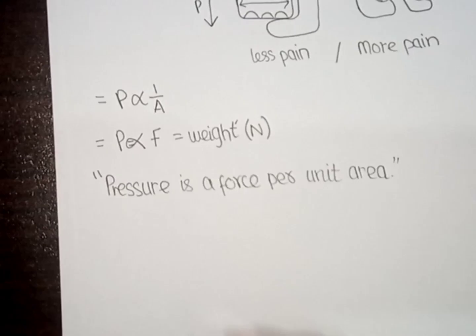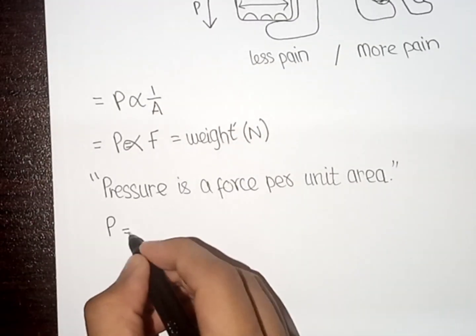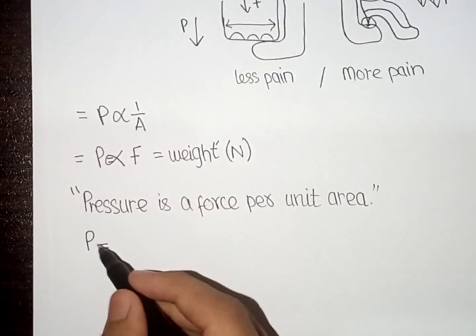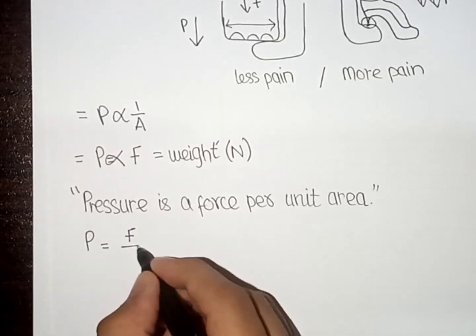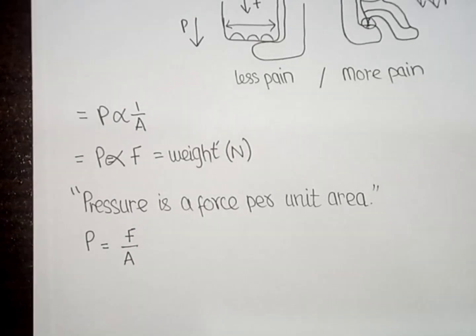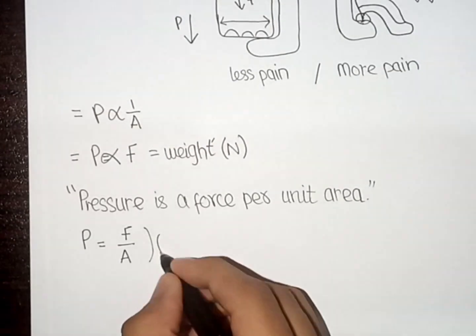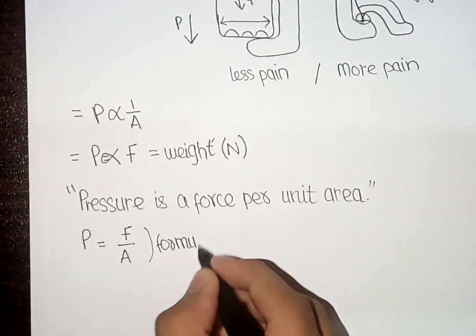This we can represent by the formula: P is the symbol of pressure, force upon area. This is the formula you need to memorize.